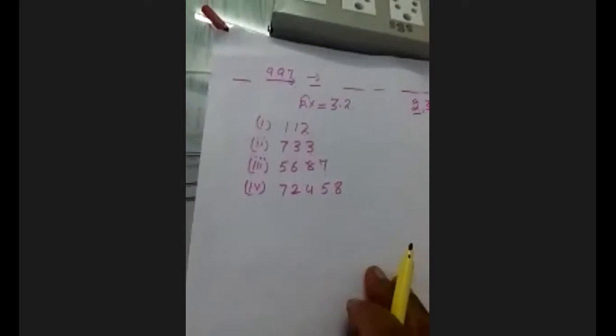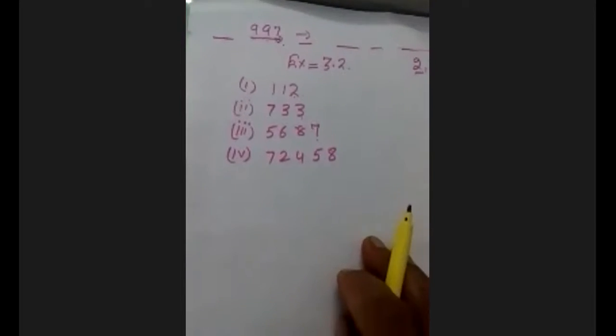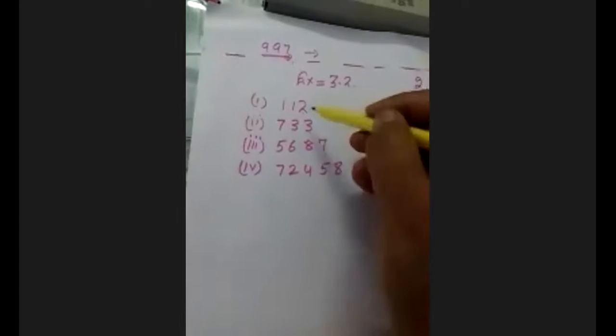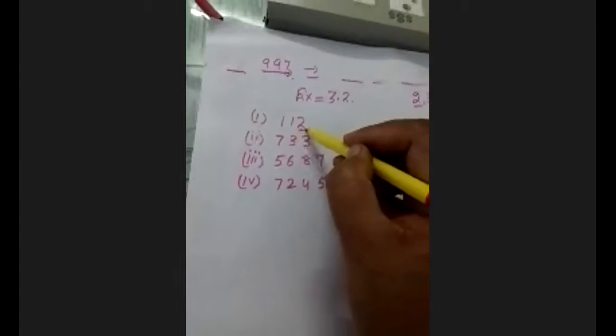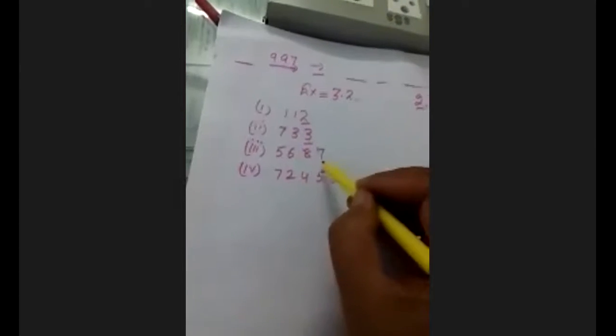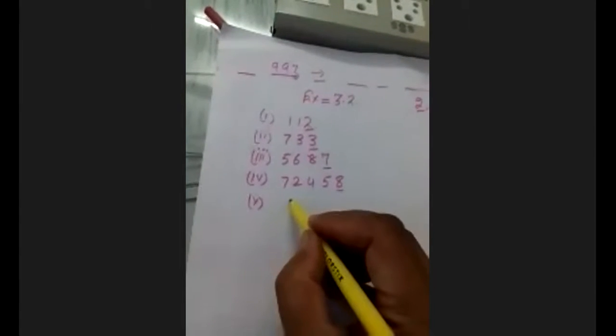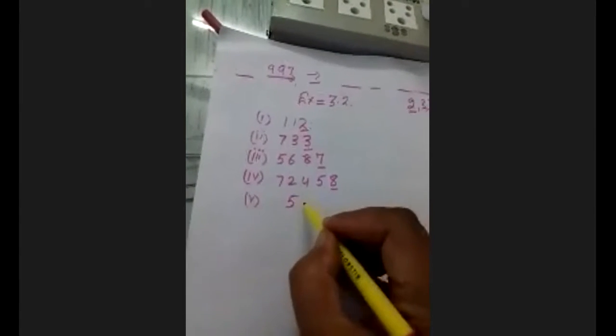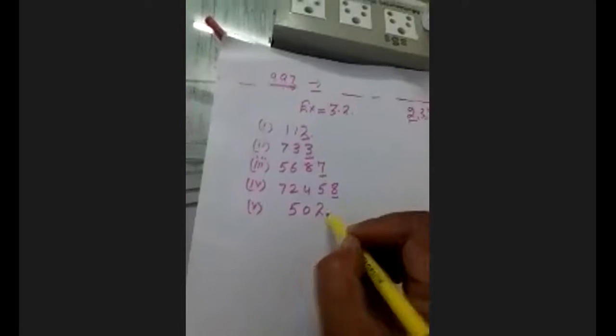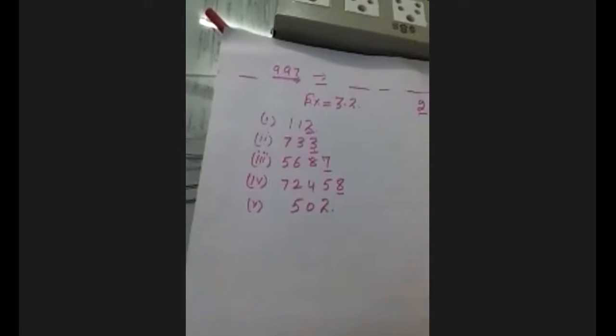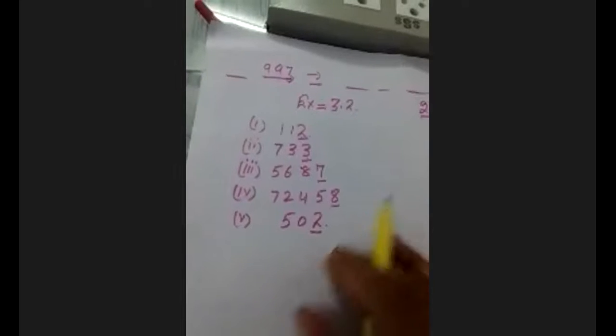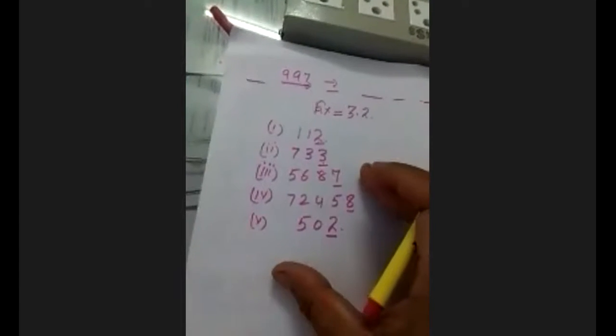72,458. So these are numbers. You just look at the last digit: 2, 3, 7, 8, and the fifth number 5,502. So these are 5 numbers which are not square numbers.